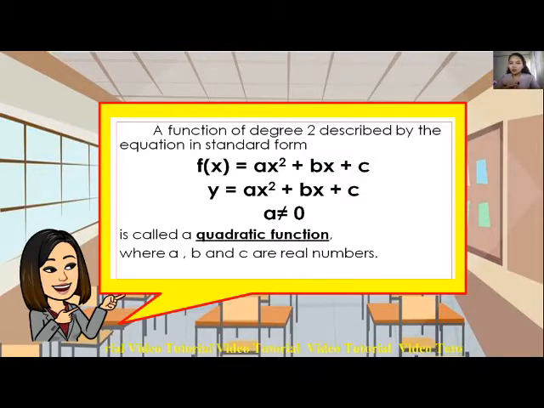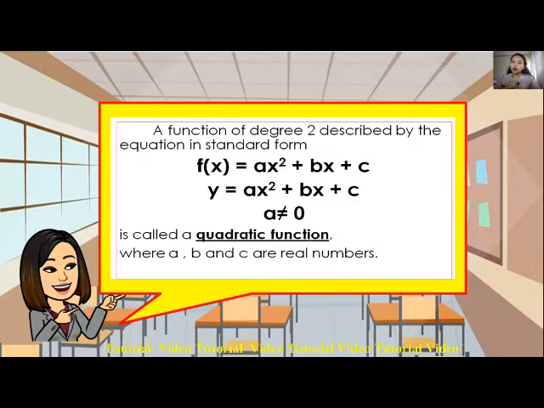Before our MELCs, let us define first what is a quadratic function. A function of degree 2 described by the equation in its standard form f of x equals ax squared plus bx plus c, wherein f of x can be changed into y.